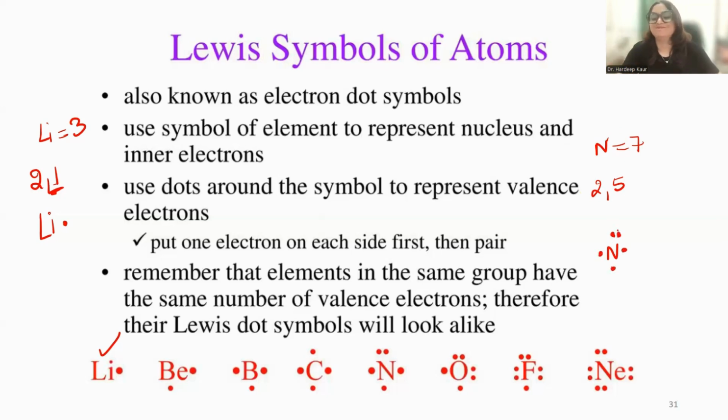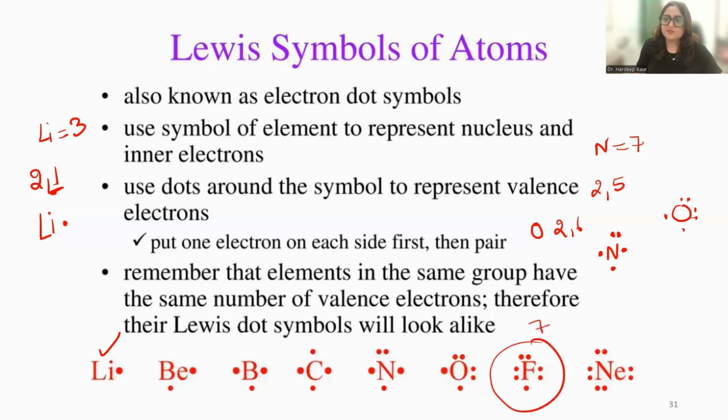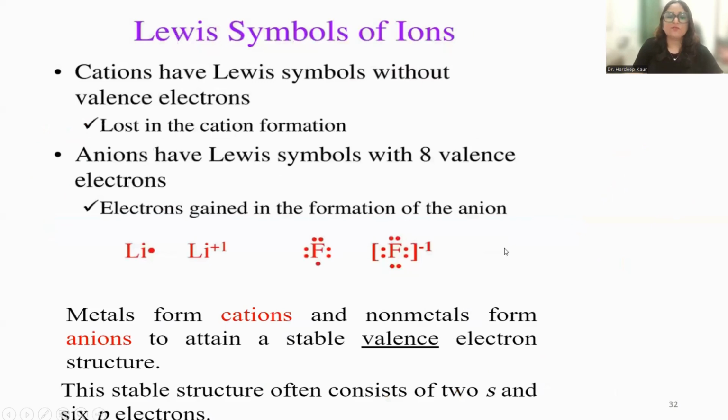This is the rule. In case of oxygen, 2, 6, so oxygen is written with 1, 2, 3, 4, 5 and then 6 dots. Fluorine has 7 electrons, and neon has 10 electrons, 2, 8. So we use these Lewis symbols to represent atoms and their valence electrons.